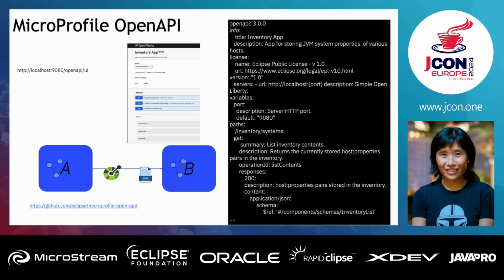MicroProfile is based on the OpenAPI standard and also adopts Swagger, and it exposes an endpoint at localhost port and /openapi. In Liberty, we also have a UI. Basically, it's integrated. This is Swagger UI. I believe Quarkus also has this UI, but this UI is not in the spec. It's an additional feature. As you can see here, it's without doing anything.